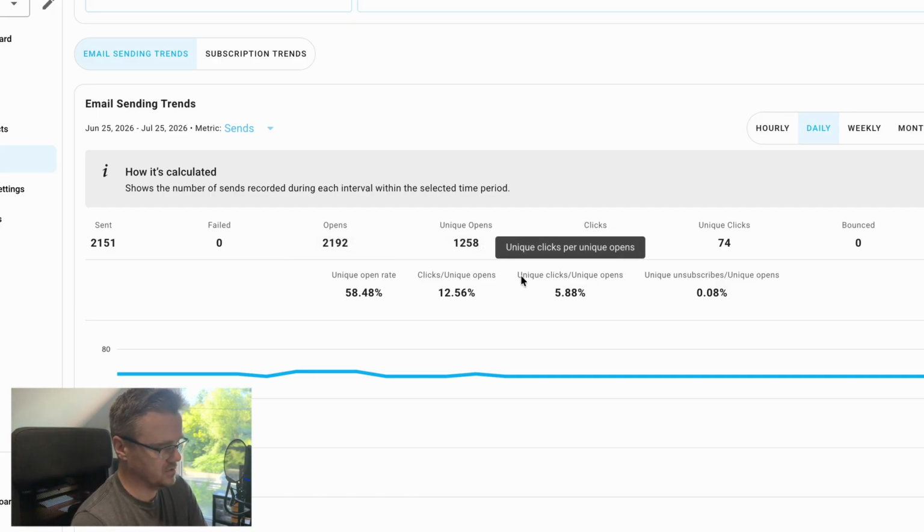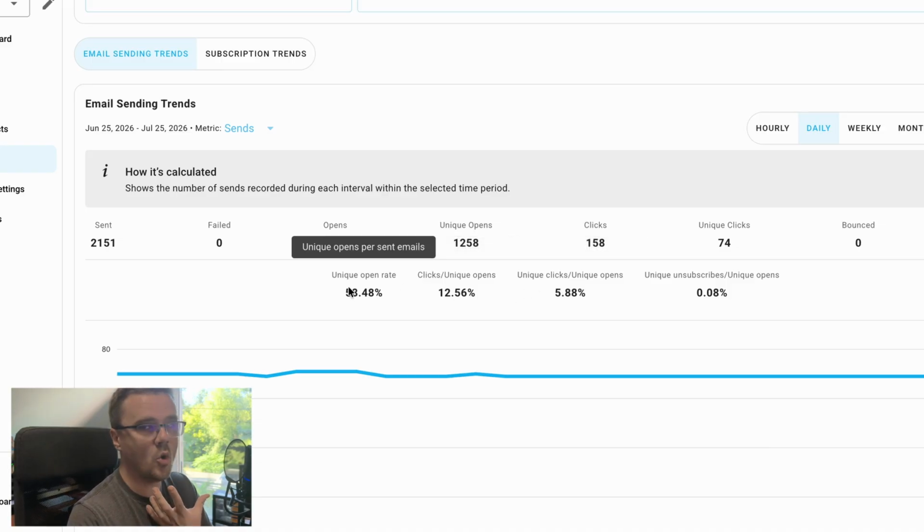Unique click rate is 5%. But as I told you, it's not really about clicking on the original sources. It's about delivering information that's valuable enough within the email. So in this case, open rate is the most important metric. In the previous case, unique click rate or click rate is a much more important metric, but this one, it's all about opens.